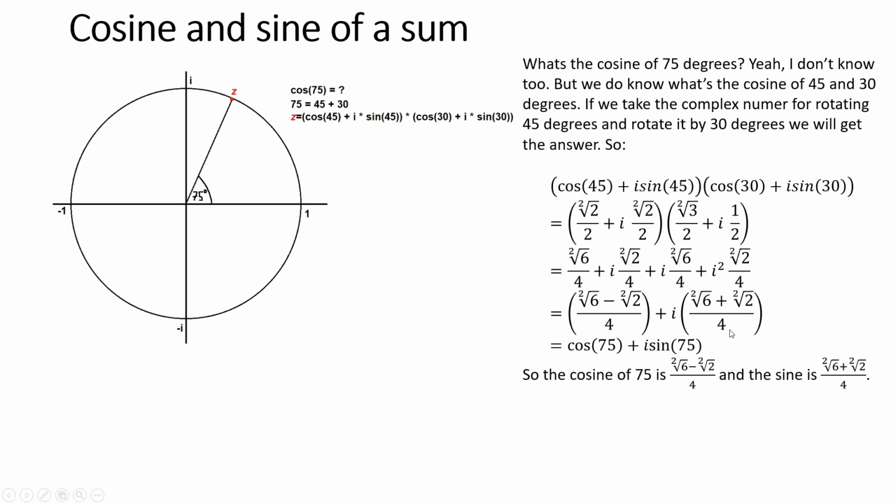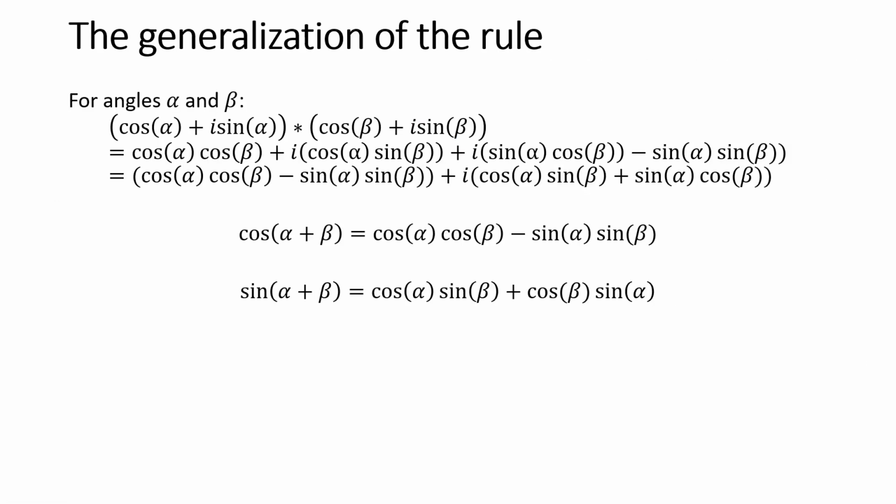So what we can do is generalize that rule. If we have cosine of alpha plus beta, or sine of alpha plus beta, we may turn it first by angle alpha and then by angle beta.